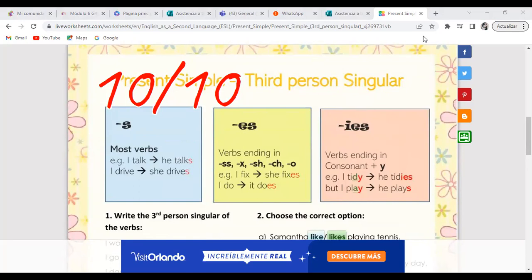Al final tienen que usar tercera persona del singular para presentar a alguien de sus compañeros, acuérdense. Entonces, todos los verbos que ustedes me pongan ahí tienen que estar conjugados en tercera persona del singular. Entonces, la importancia de la conjugación de los verbos.